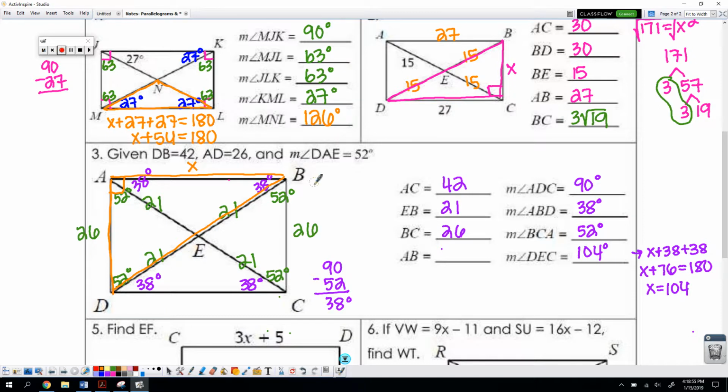I'll put it here. 42 squared equals 26 squared plus x squared. So 42 squared, and I would use a calculator for this, is 1764, equals 676 plus x squared. Now I'm going to subtract, so minus 676 is 1088.